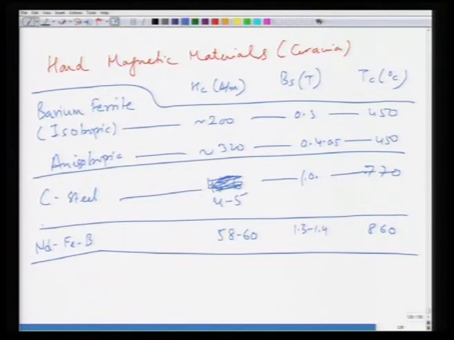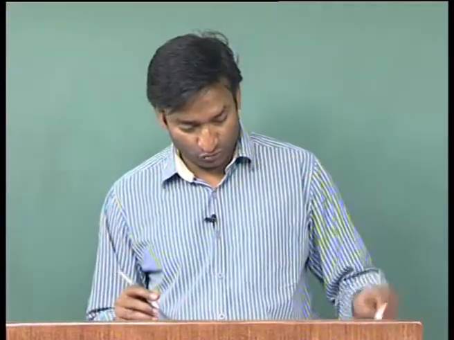And these materials are used in a variety of applications. I'll not go through the details of the applications, rather I'll just list the applications which you can go through in any standard book.